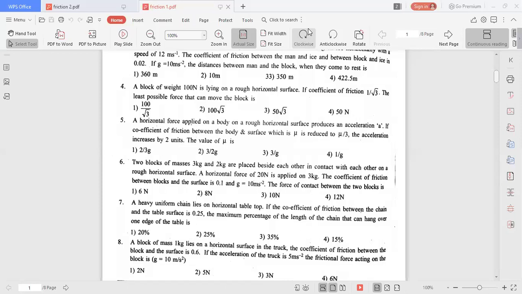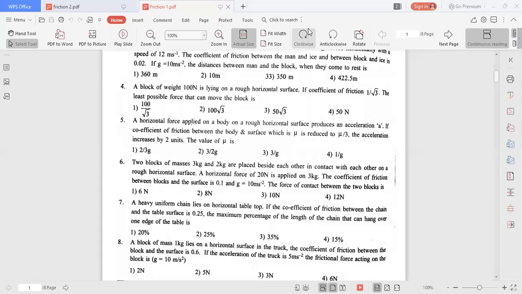In this case, you subtract these two equations, 1 minus 2. Then F cancels, and we get minus mu mg plus mu mg by 3 is equal to ma minus (a plus 2) into m.